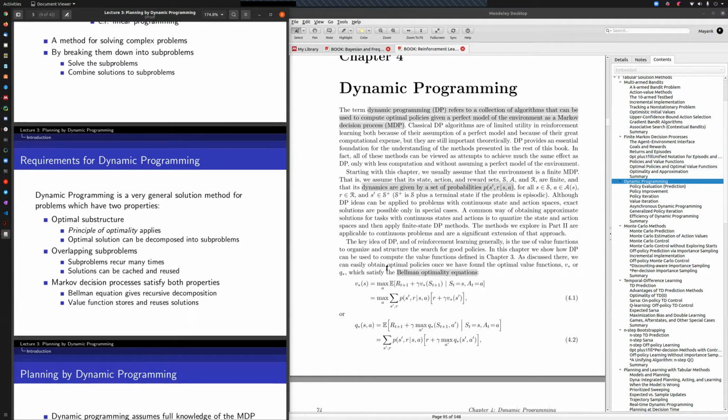This is the Bellman optimality equation. So let me try to take it from the top again.